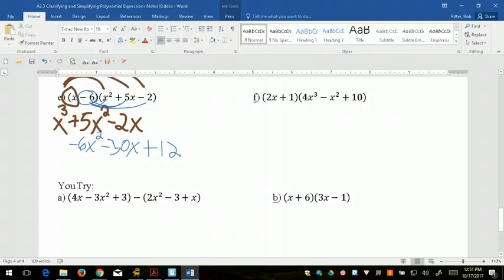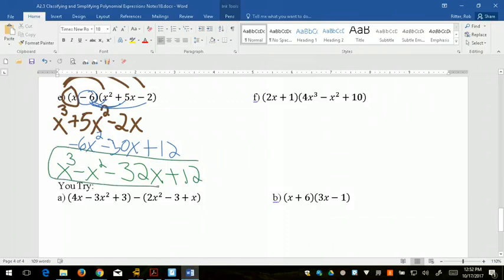So this gives me a final answer of x cubed minus x squared minus 32x plus 12. Questions on letter E?